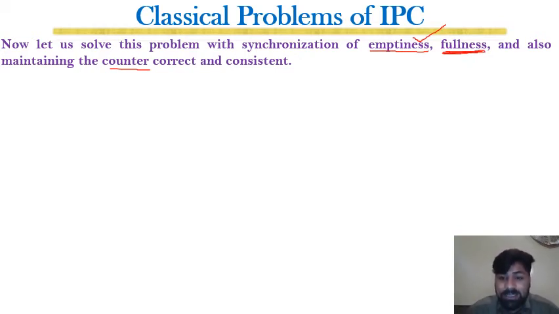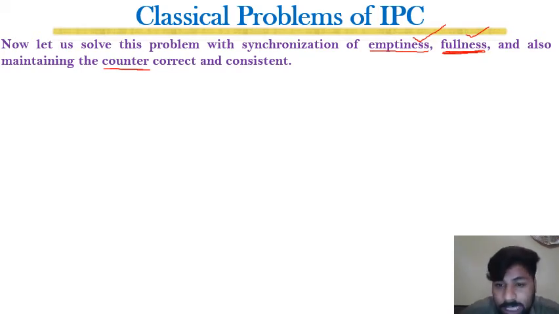In that case, we will have another semaphore that will restrict P2, our producer, from entering the critical section to put a character on the buffer. And finally, the counter variable will count the number of characters available in the buffer.